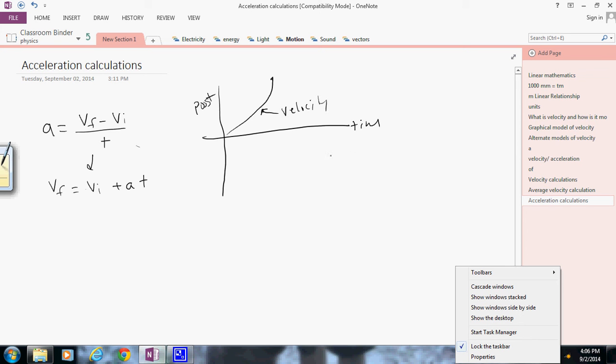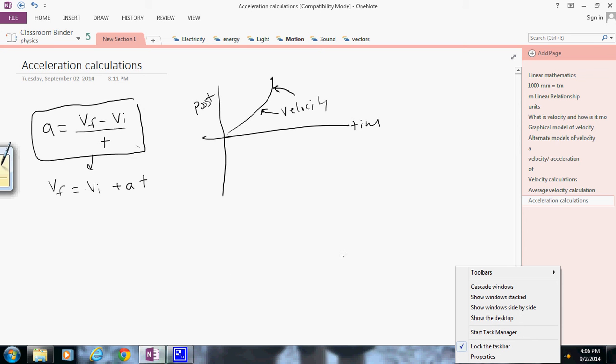Now, how the velocity changes, you get a velocity here, you can get a velocity here. How these velocities change is what dictates the acceleration. So this formula is pretty standard, similar to your distance formula, but we're doing velocity. Change in velocity over change in time gives you acceleration.